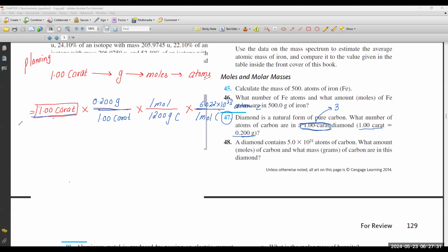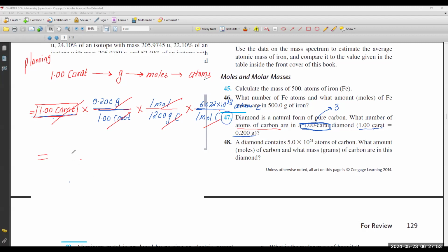Now, just for practice, just ensure that all units are cancelling out, and you should be left with only number of atoms of carbon. Units cancelling out? Yes. And I'm left with only units of the desired unit.